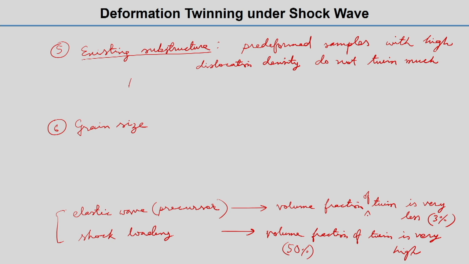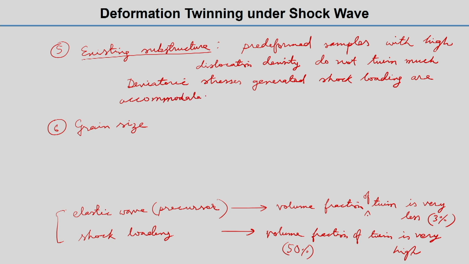So as we know, the deviatoric stress generated by shock loading is accommodated by twinning when less dislocations are there.